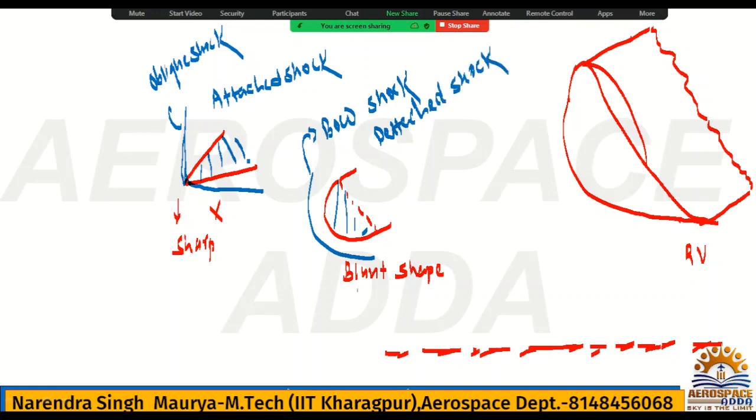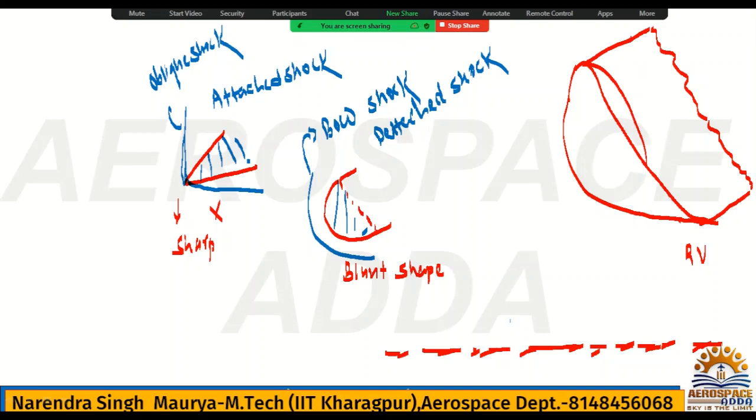Whenever you check the space shuttle, re-entry vehicle, or a rocket going on a mission, the face will be a blunt shape. It is not sharp, because a sharp corner will have an attached shock, which is an oblique shock.